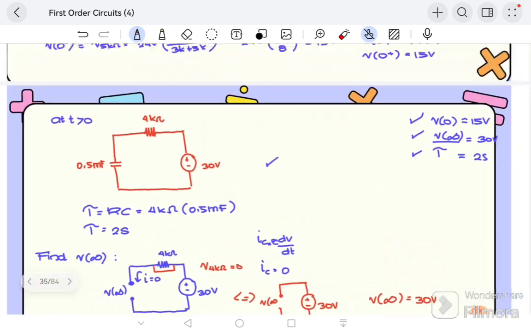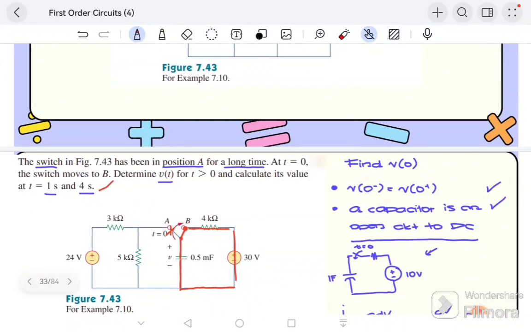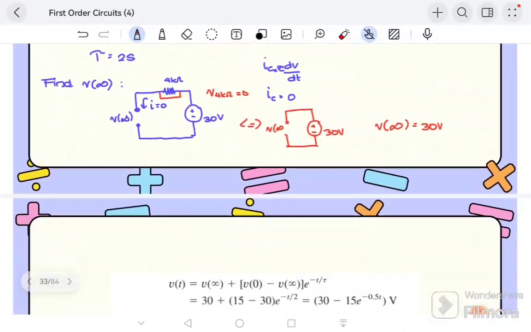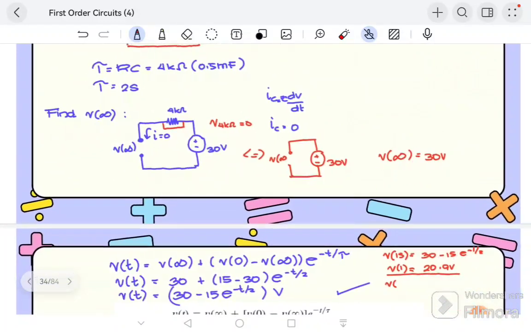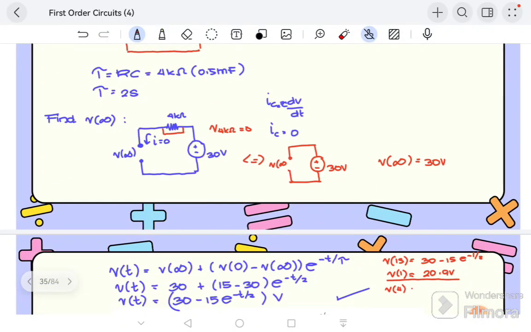Now V at 4 seconds. V at 4 equals 30 minus 15 e to the negative 4 over 2, so negative 2.